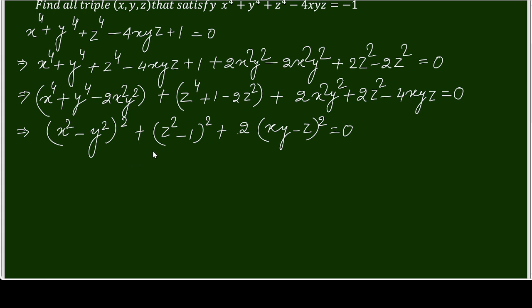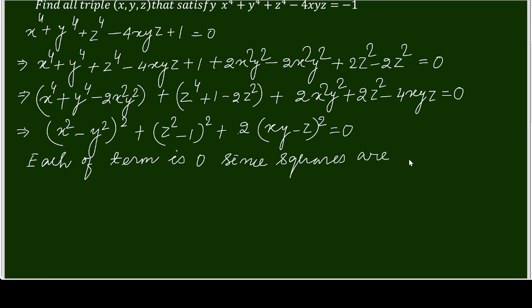So since all are squares and their sum is 0, each of the terms is 0, since a square cannot be negative.